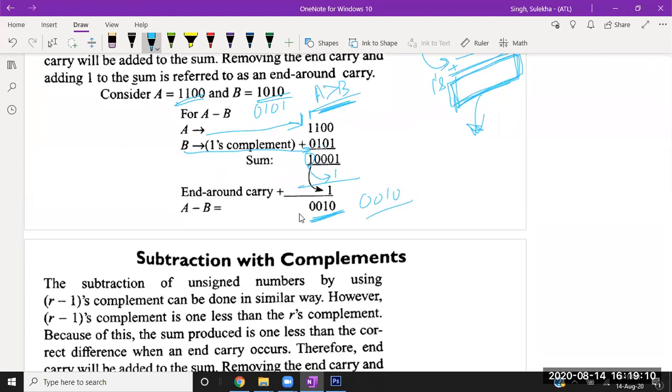If you convert this to decimal also, you will check that this is the correct answer.